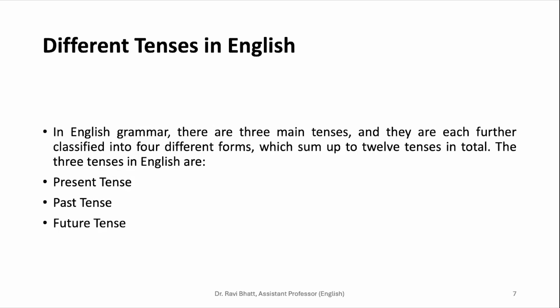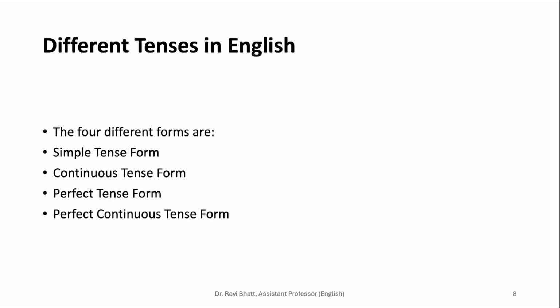Now, the different tense forms in English. As you all know, we have 3 basic tense forms: present, past, and future. And there are 4 different variations of these tense forms, that is simple tense, continuous tense, perfect tense, and perfect continuous tense.